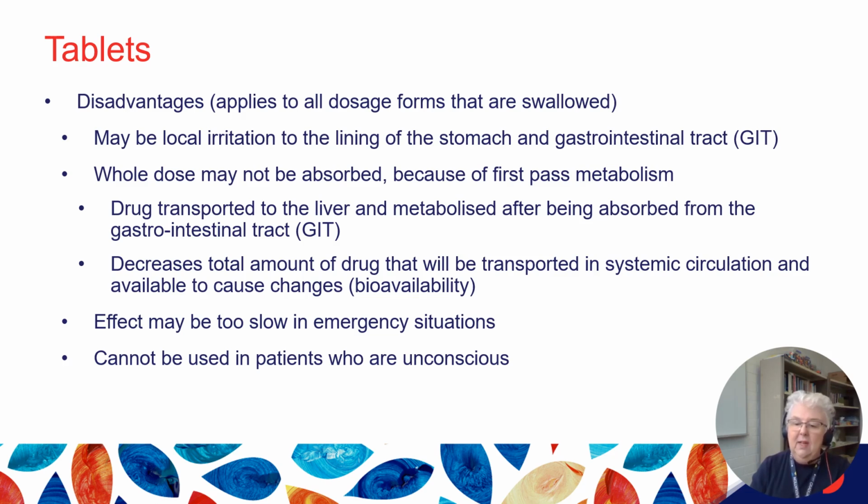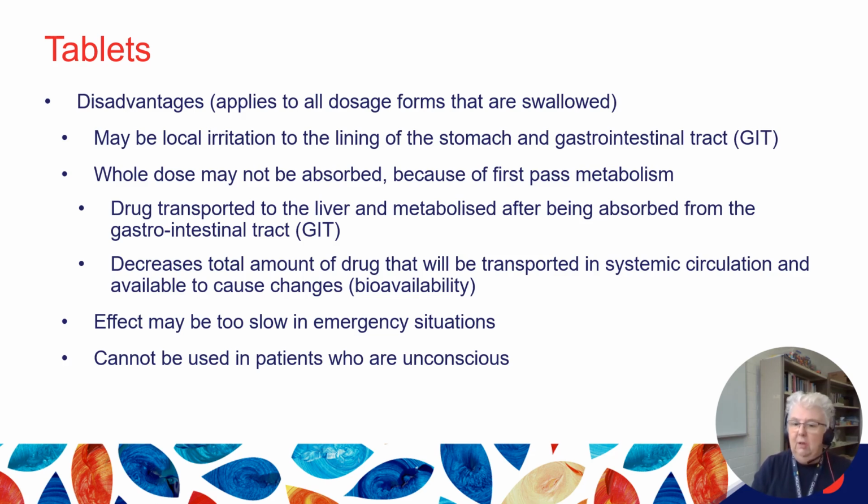This is a mechanism to help make the drug active or put it in a form where it can be excreted. So you always lose a percentage of the dose. If something has 100 milligrams and it has a bioavailability of 90, you're only going to get 90 milligrams of active drug to the problem.